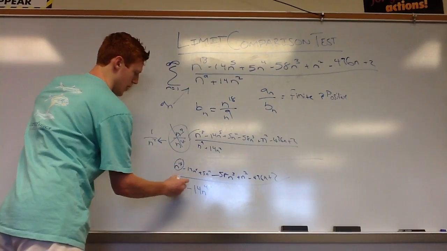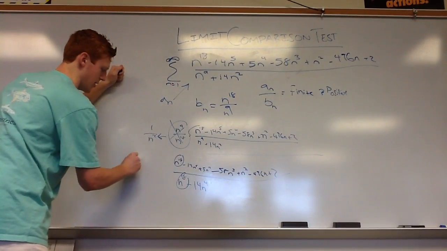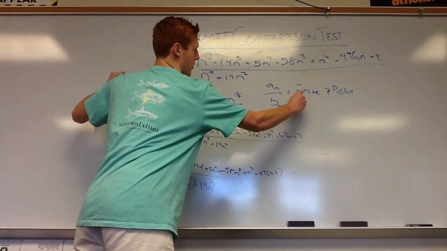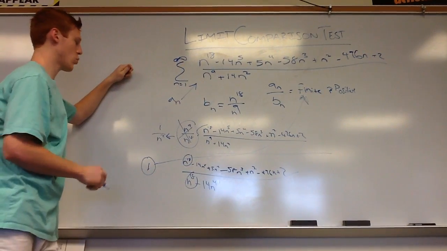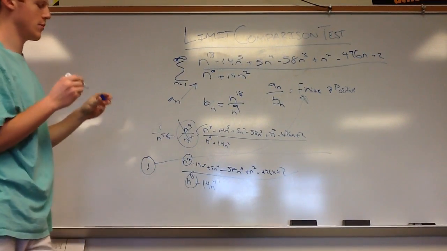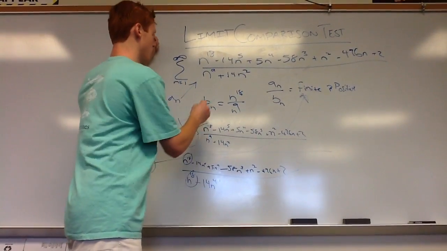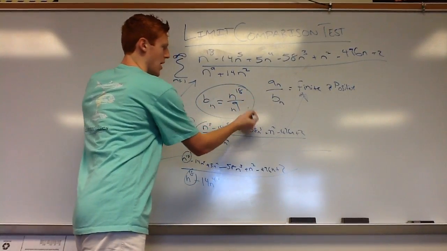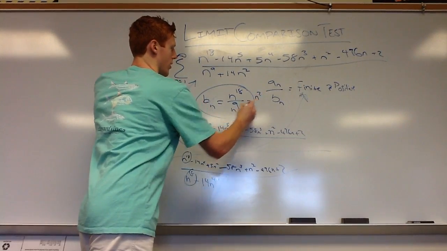And n to the 18th, that is 1. That is both finite and positive, so the limit comparison test works. Now what are you trying to prove with the limit comparison test? You're trying to prove convergence or divergence. So, going back to b sub n, n to the 18th over n to the 9th equals n squared.